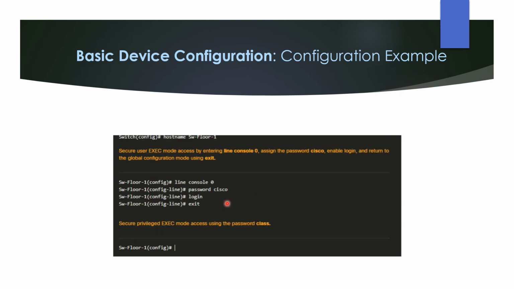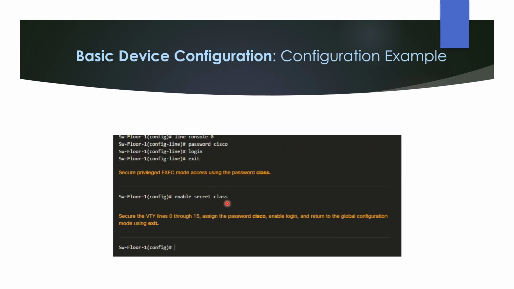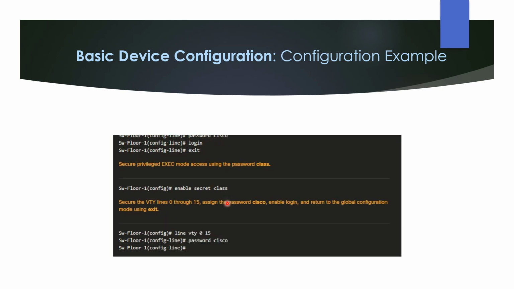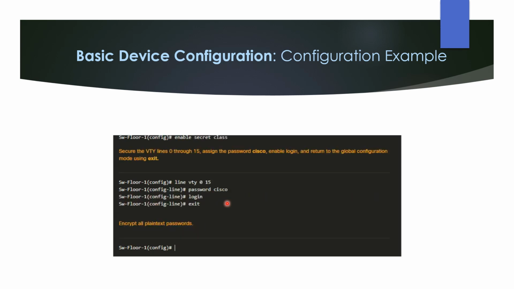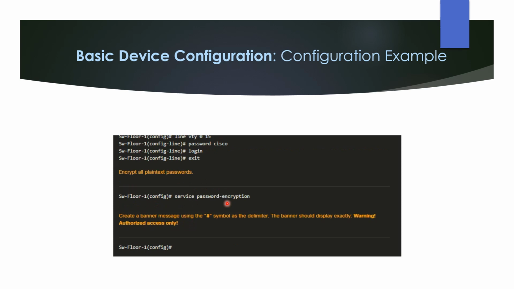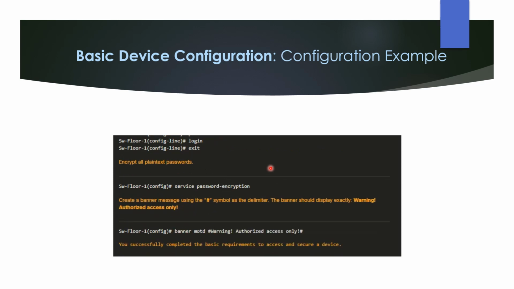We go to the line console to configure the access there. We even secure the privileged access mode with the enable secret command. Then we go to the line terminal to configure them with a password. Then we encrypt all the passwords, and we will even add the banner message where we warn for authorized access only.